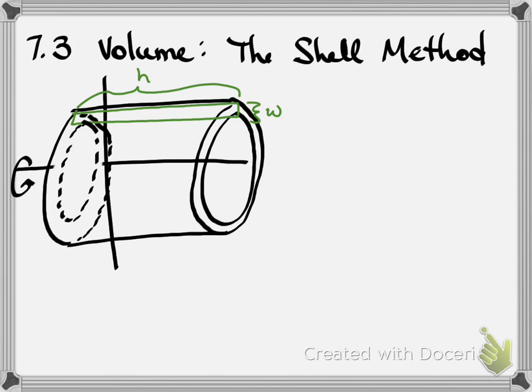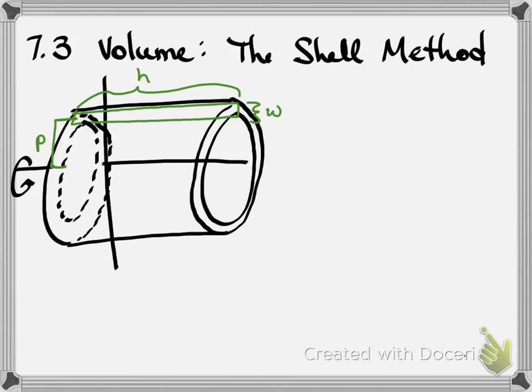P is the distance between the axis of revolution and the center of the rectangle. So just taking the center of the rectangle to the axis of revolution, that is P. And that's important that it's the center of the rectangle. So when you take that rectangle and revolve it around the axis of revolution, it makes a cylindrical shell or a tube of thickness W.